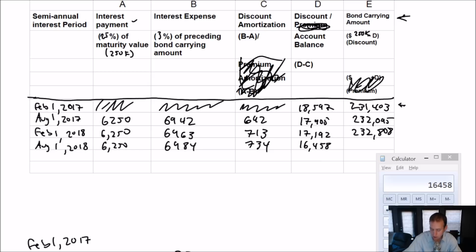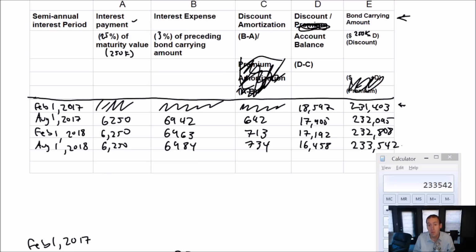And lastly, 250,000 minus 16,458 is 233,542. Let me write that a little more clearly. 233,542. Okay. So we've prepared a pretty good effective interest table.